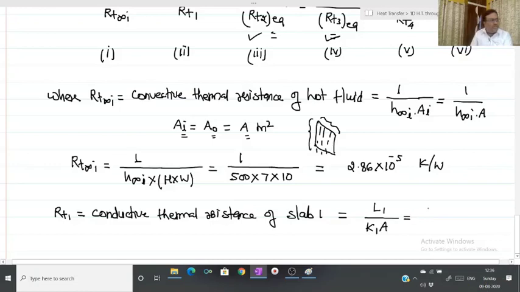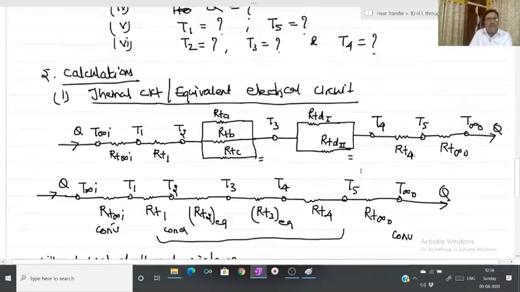Once again, L1 is given as 0.40, the thermal conductivity of the slab is 0.02, and area is nothing but height into width. You can check from the diagram.